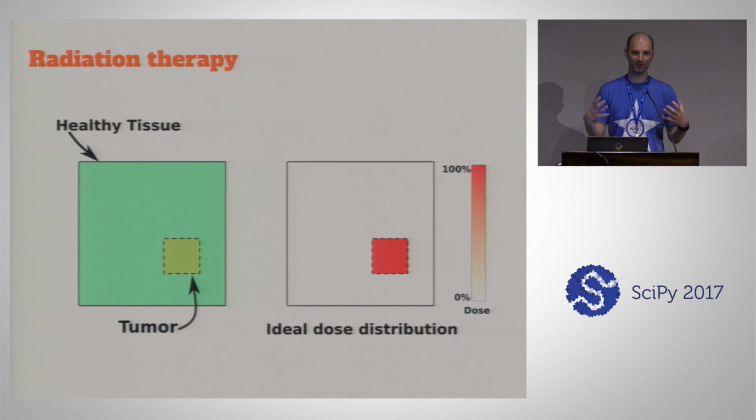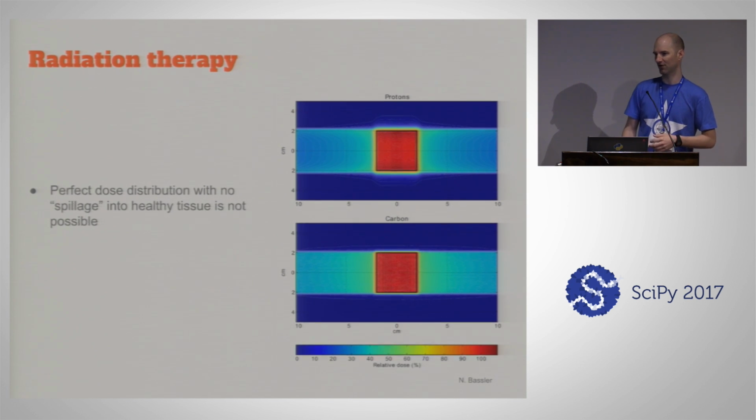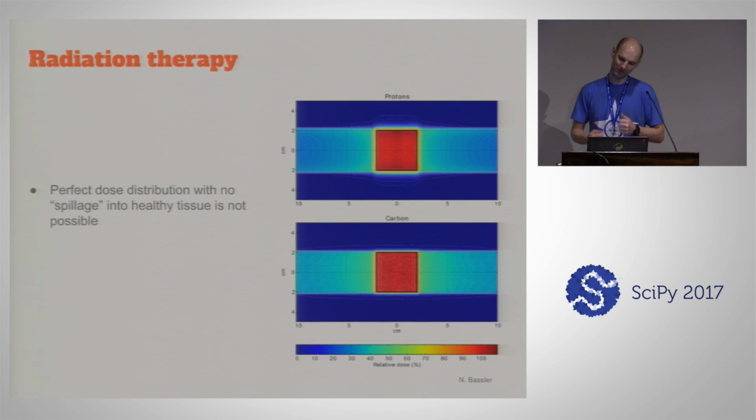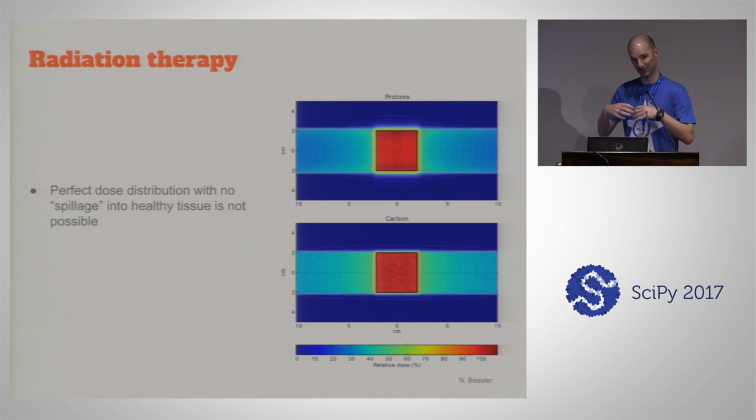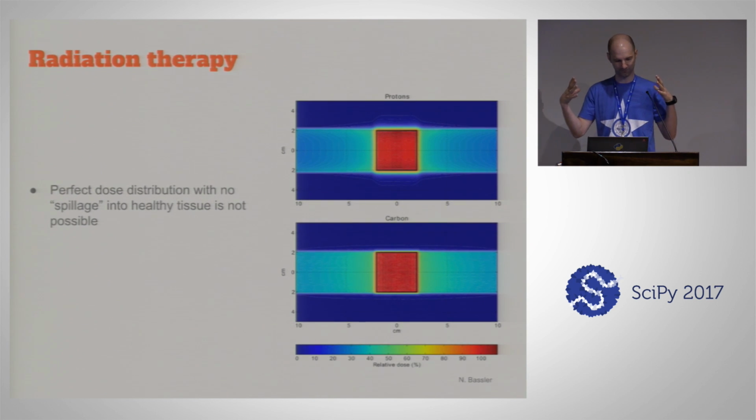The ideal scenario is that you have this prescription radiation dose right to that target and then nothing around that. But as you might imagine, in the real world things are a little bit trickier, and even if you use very advanced techniques like proton therapy or carbon ion therapy, you always get some spillage outside of your target volume.